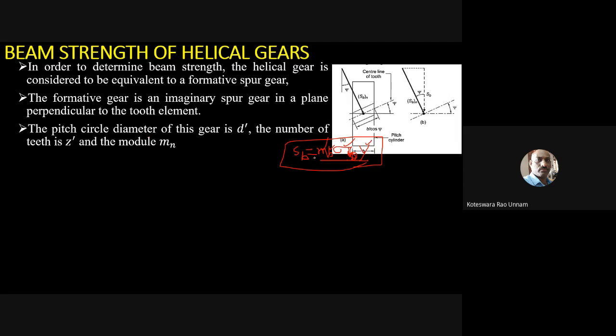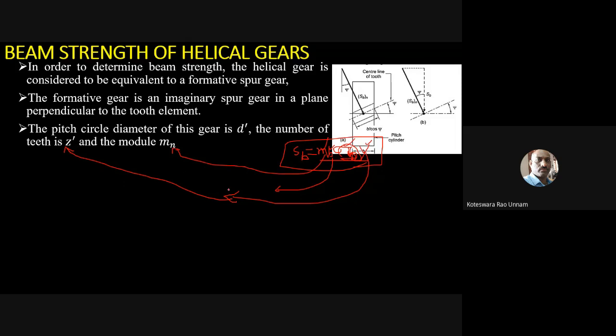In case of the equivalent spur gear, your M is nothing but Mn. So M will be replaced by Mn, and face width B will be replaced by B cos phi. Sigma B, the allowable bending stress in the material, no need to change. And Y, the Lewis form factor, is calculated based on the virtual number of teeth, not the actual number of teeth.